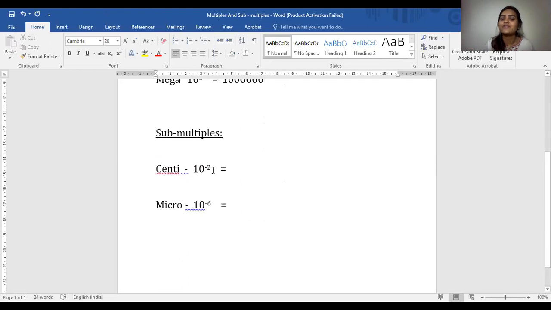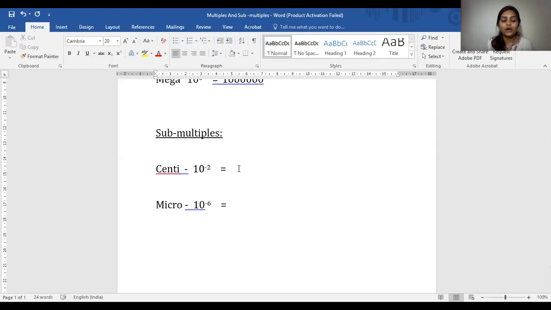The difference with submultiples is that the exponent is written in negative. Whenever your exponent is negative, when you write the number in standard form, you have to write it in reciprocal form. Now, what is reciprocal form? Simple, fraction form, numerator denominator form. So the standard form of the number is written with a numerator and denominator.